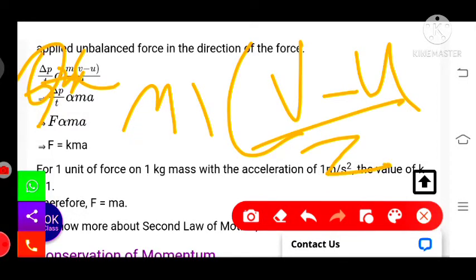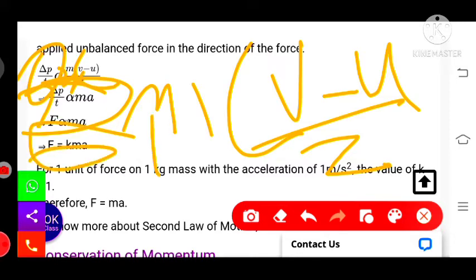It is directly proportional to this, and when we equate them we get a formula, F equals kma.